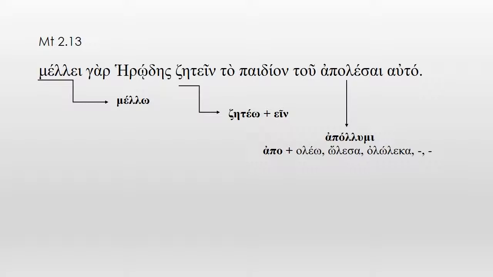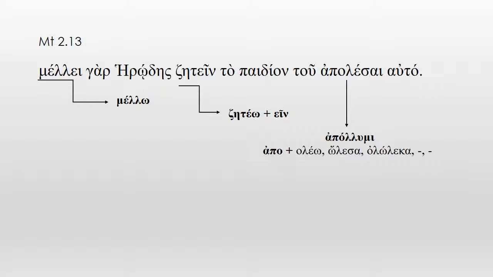Now what we have rest, tou apolesai auto. Now before we talk about tou, the genitive definite article, apolesai is an infinitive again with sigma alpha iota. Apoleo, apollumi is from the verb apollumi, right? And apo is a compound verb, apo plus ollumi. Now ollumi changes in the future, oleo, olesa, olelika.